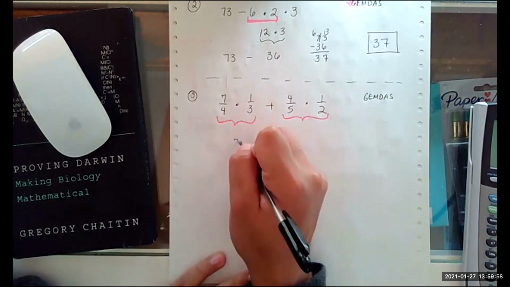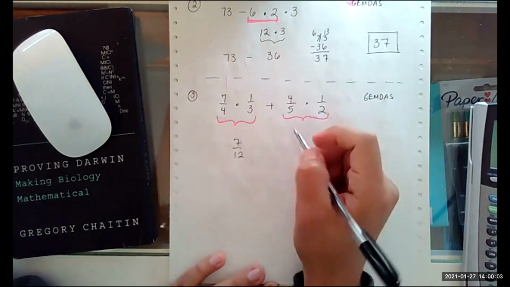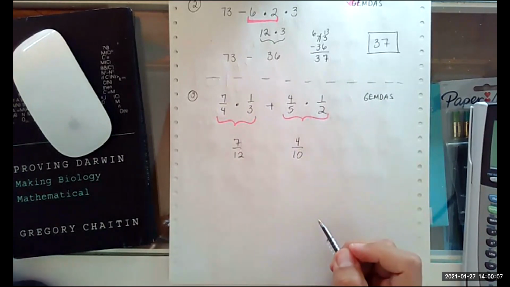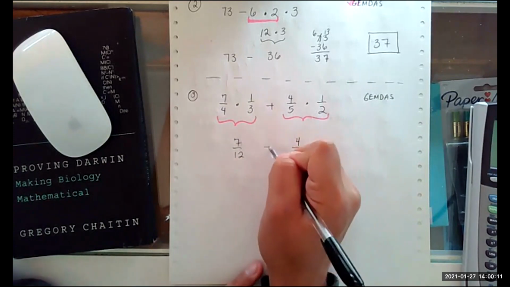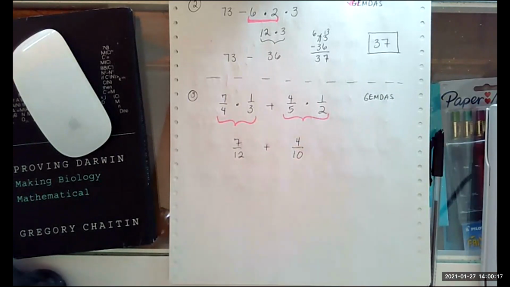So we have 7 over 12. And then over here, we should have 4 over 10. Okay, so we're adding those together. I think what will ultimately simplify your life a little bit is if you simplify the fractions where you can before proceeding with adding them.